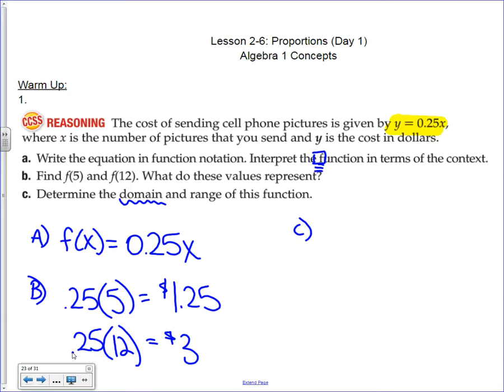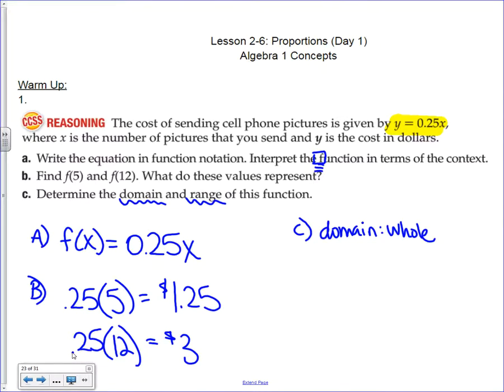Only whole numbers. Can I have a fraction of a picture? How about negative pictures? No. So my domain is going to be whole numbers. Now, whole numbers are always positive. If I want to include the negative ones, Savannah, I call them integers. You guys all remember that word integer?